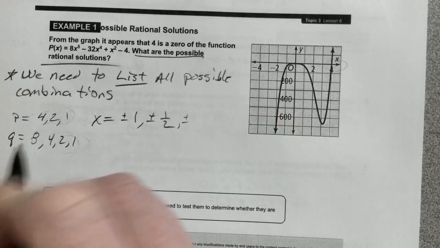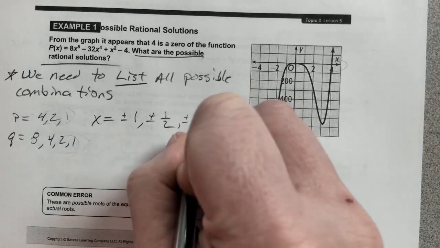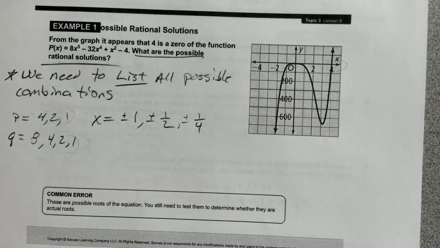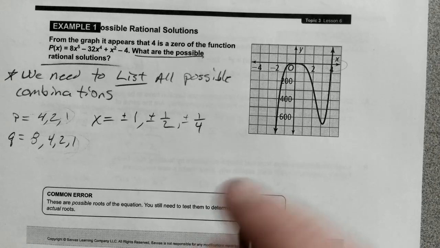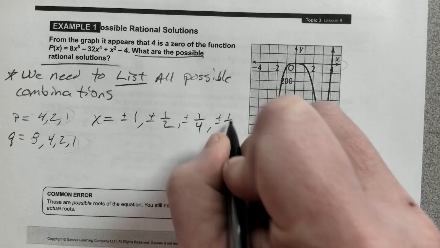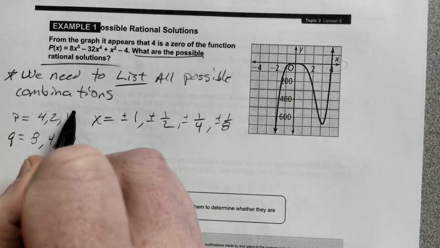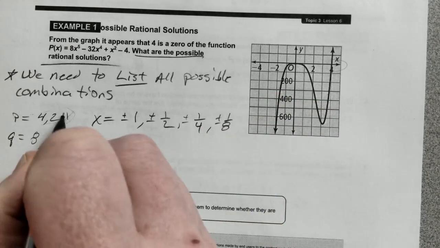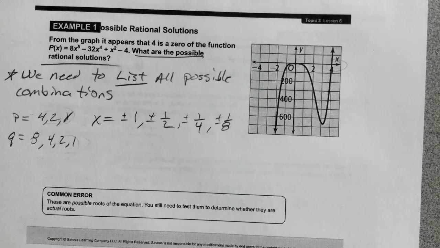Plus or minus 1 divided by 4, so 1/4. What would be the last possible rational root for 1 in the numerator? 1/8, plus or minus 1/8. Now I've exhausted all possibilities with 1, so I like to scratch him off the list. No longer worried about him.